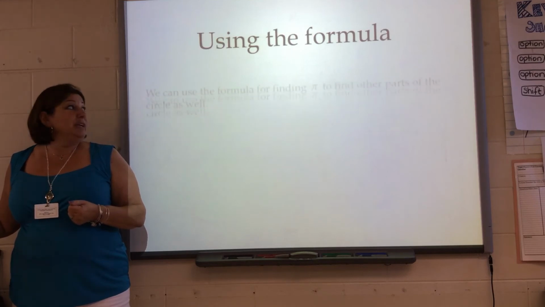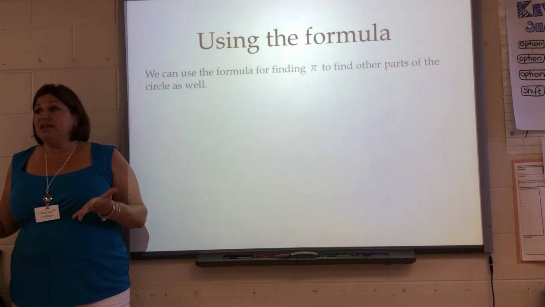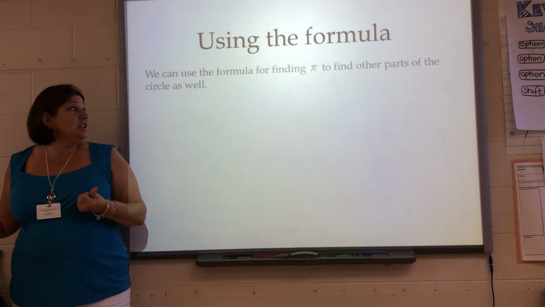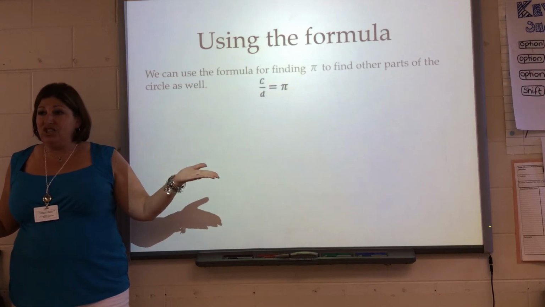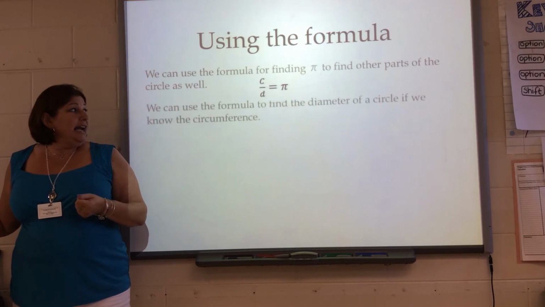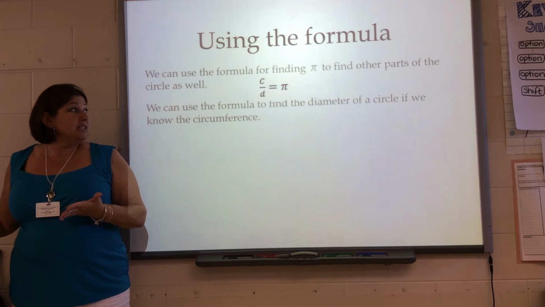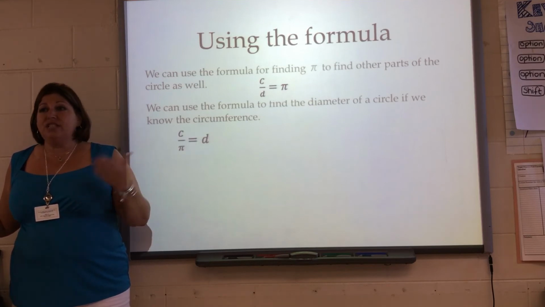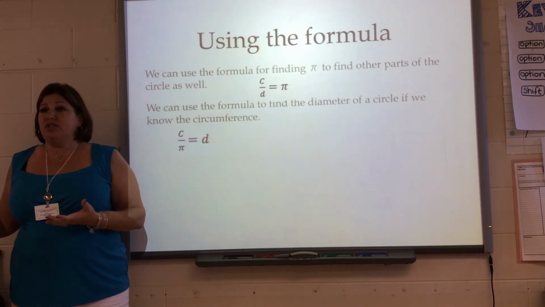We can use the same formula that we used for finding pi to find other parts of the circle as well. So if this is my main formula, this is the ratio of pi. If I had the diameter of the circle, I can use this to find the circumference. I would have to do some inverse operations, but my diameter would be equal to the circumference divided by pi.